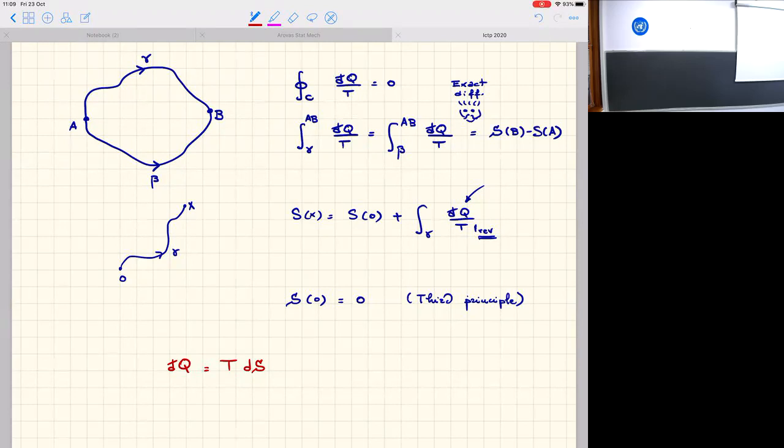Is it intensive, extensive, both? Both, it's impossible. So what is it? The second is extensive. Why is it extensive?